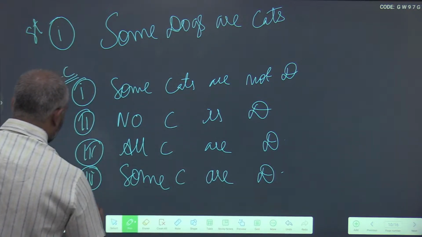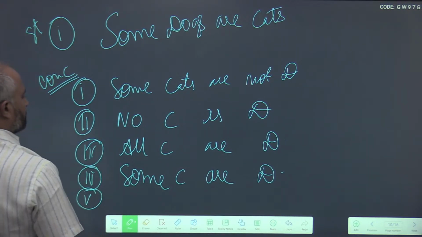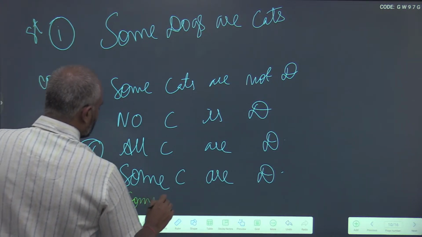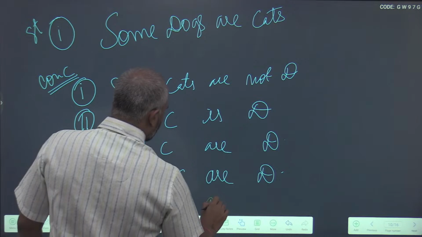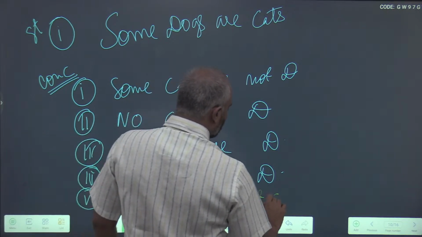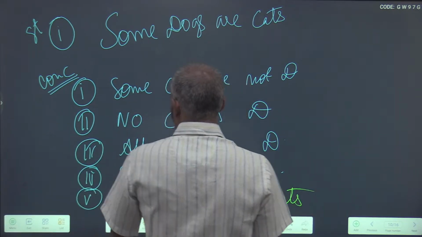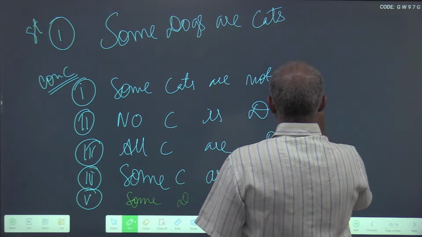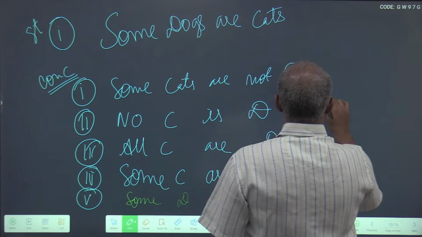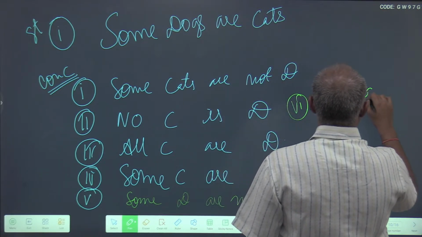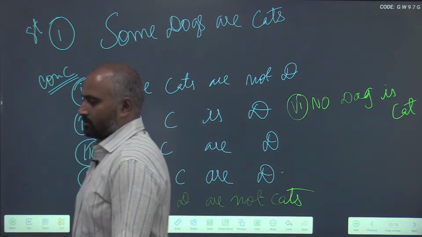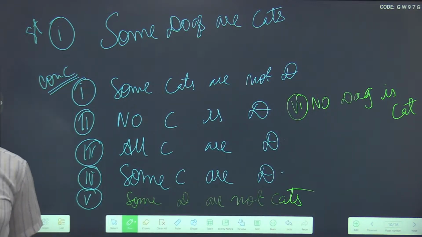Some cats are dogs. Next, some dogs are not cats. Six, no dog is a cat.